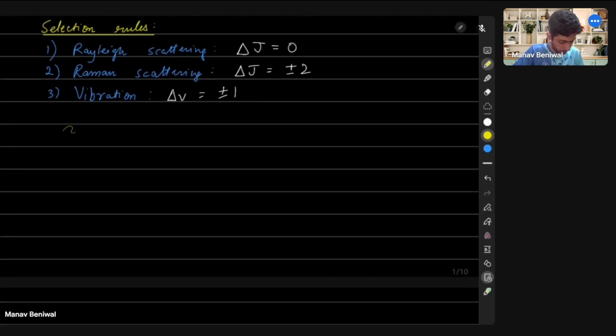So now we have something called Stokes and anti-Stokes lines. So what is a Stokes line? This occurs when the molecule absorbs energy.